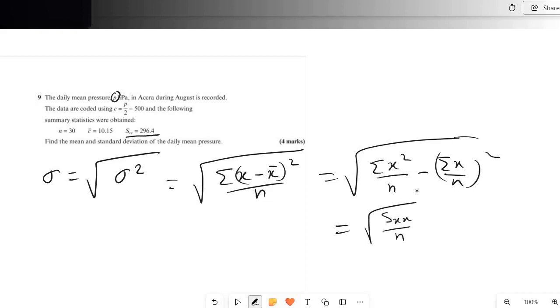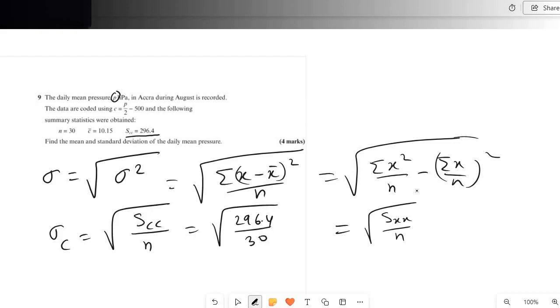We already have the summary statistics here. So the standard deviation of C is going to be the root of the variance of C, which is Scc divided by n. So the square root of 296.4 divided by 30 gives us an approximate value of 3.143.